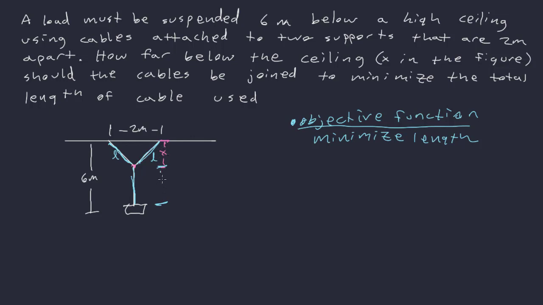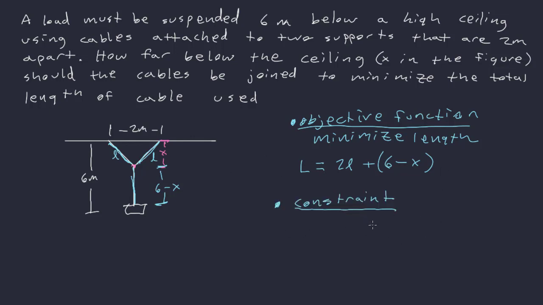So that's actually going to be 6 minus X, because the whole thing here is 6, this is X, then that's 6 minus X. So the total length is going to be 2 of these little L's, plus 6 minus X. We want to minimize this function, but first we need to get this into a single variable.